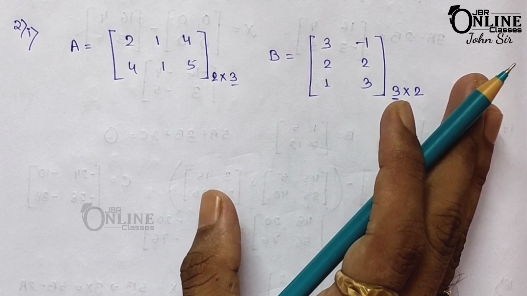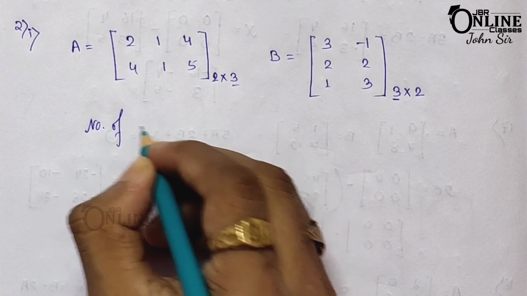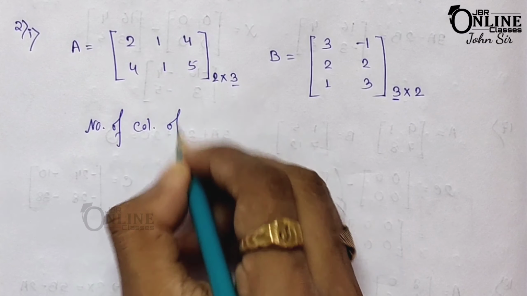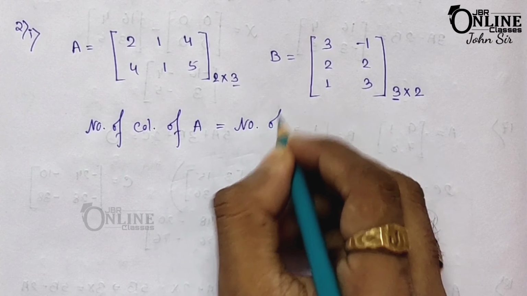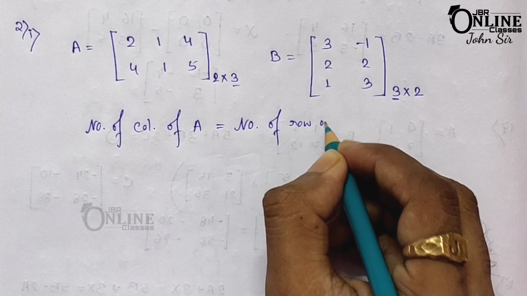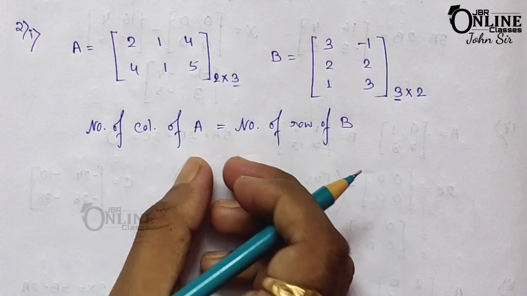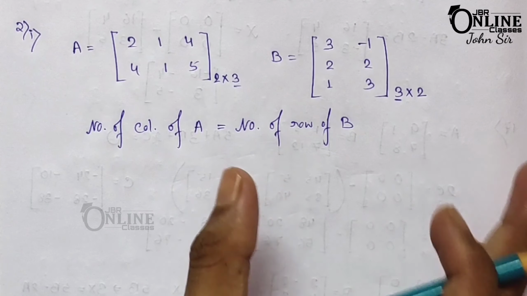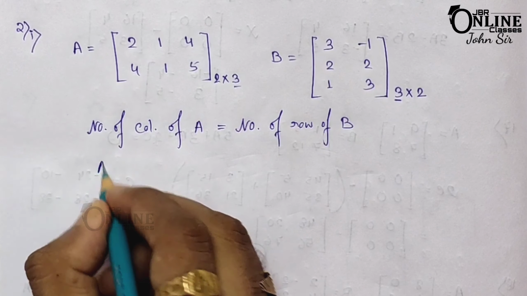Otherwise not. So here the number of columns of matrix A equals the number of rows of matrix B. That means you can easily multiply AB.